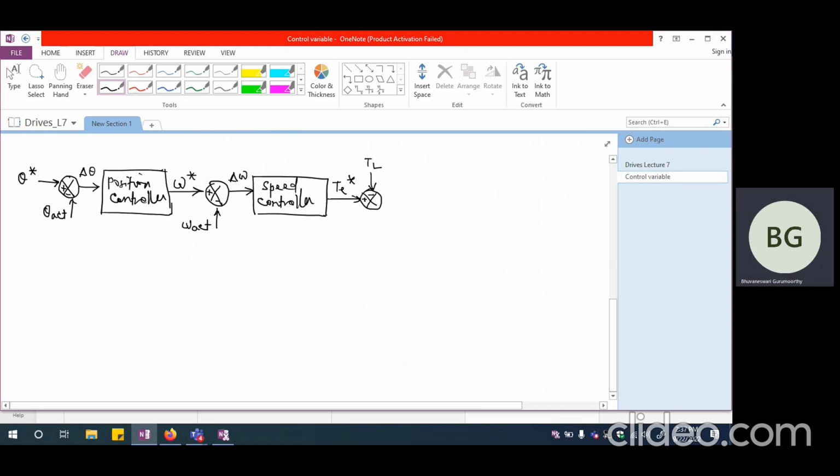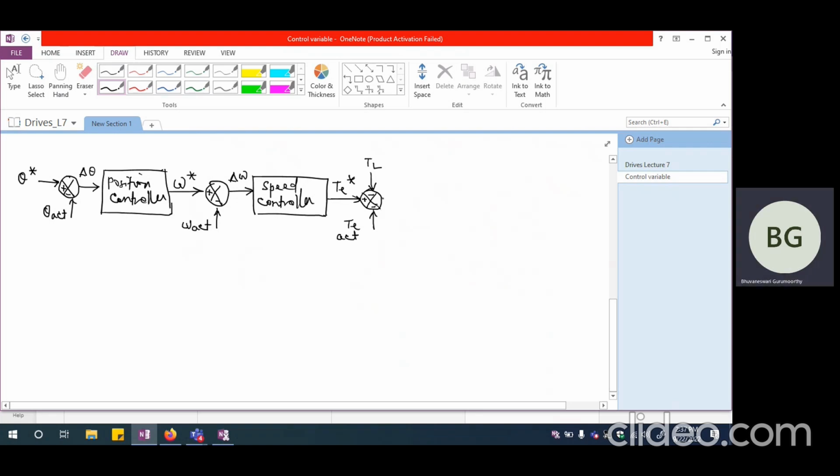Now this is the electromagnetic torque reference that I need to develop from the motor side. Now this is going to be the actual electromagnetic torque that is being generated by the motor.